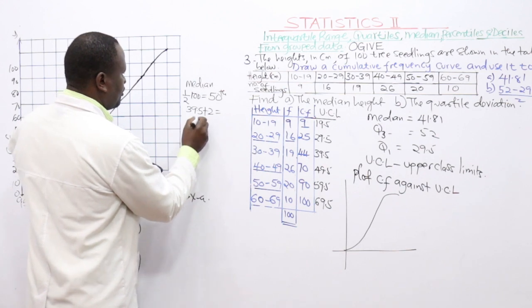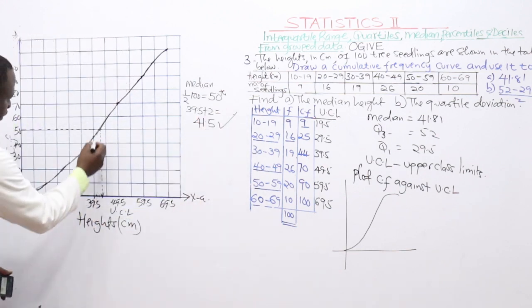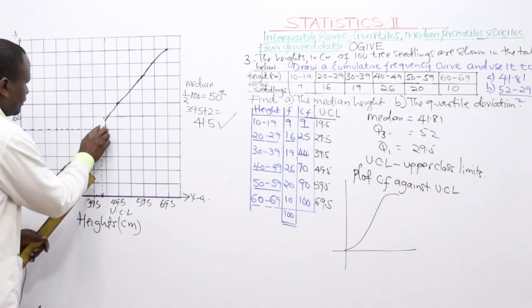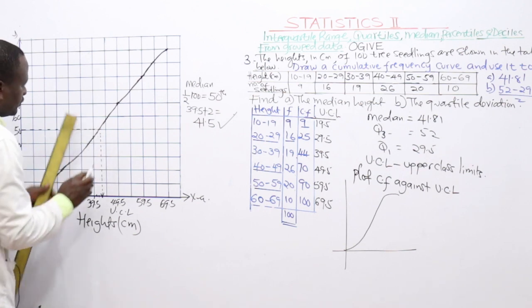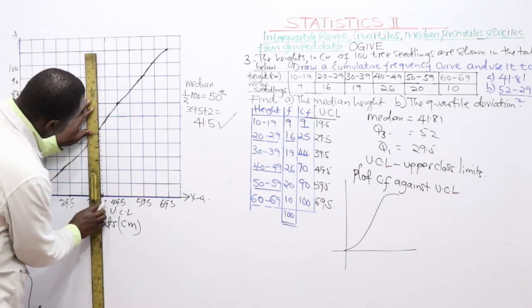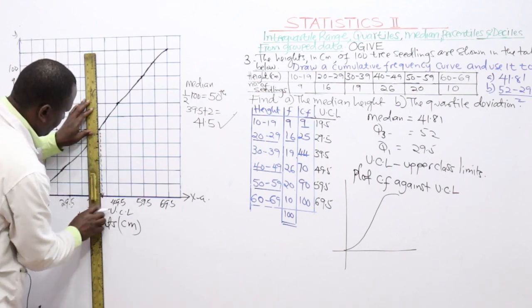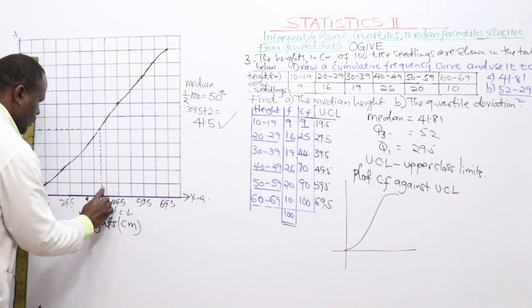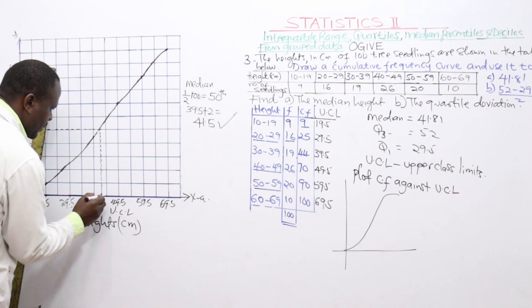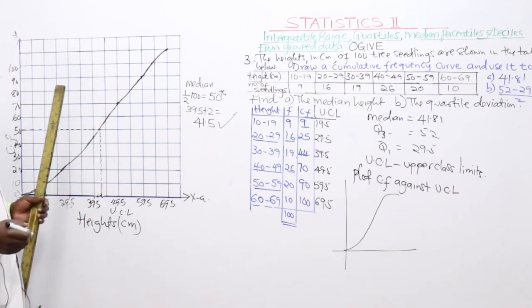You'll get 41.5. So it's around 2 units from 39.5.